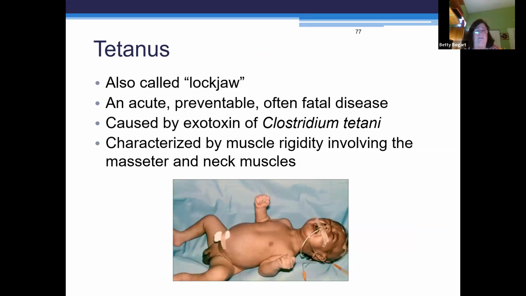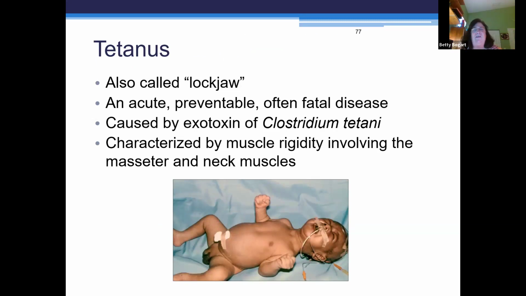Now, tetanus. We think tetanus is no big deal, but the tetanus shot should be given once every 10 years. When I first started nursing, I think it was every 3 years or 2 years. Then it went to 5 years. Well, now it's every 10 years.